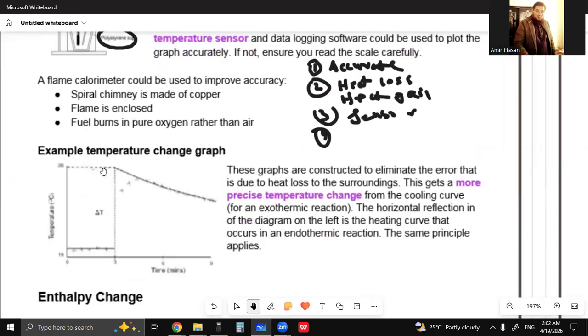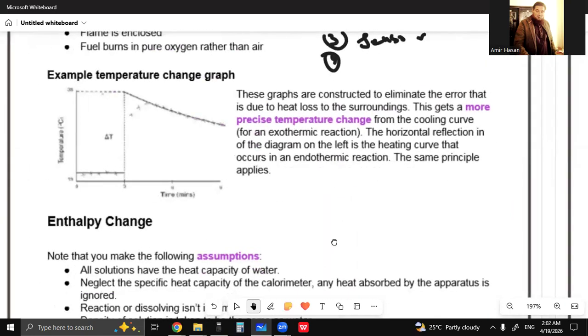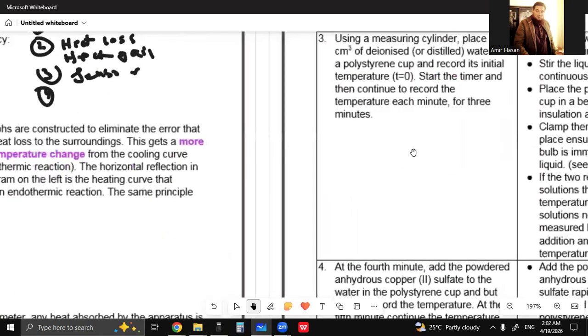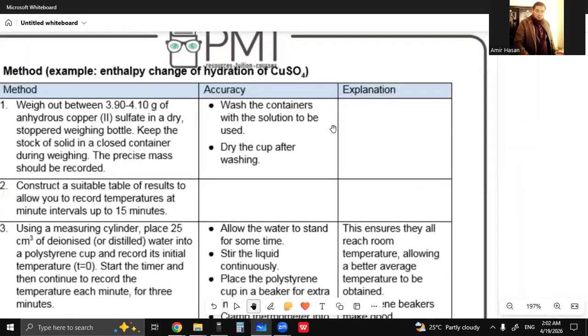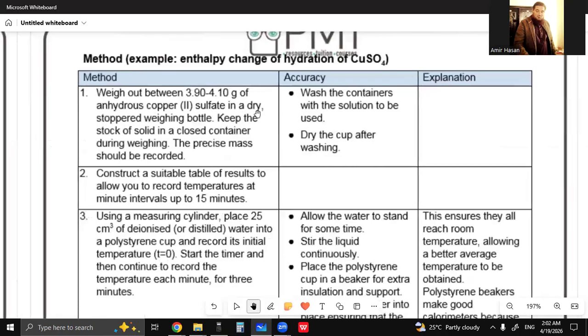For exothermic, there is a steady curve, and for endothermic, there is a change in the temperature with time. With the help of all these calculations, we can calculate the enthalpy change of a solution. Here we are calculating for copper sulfate.